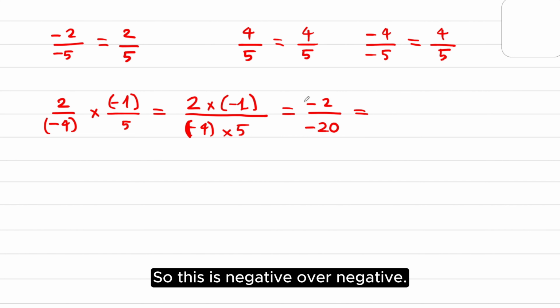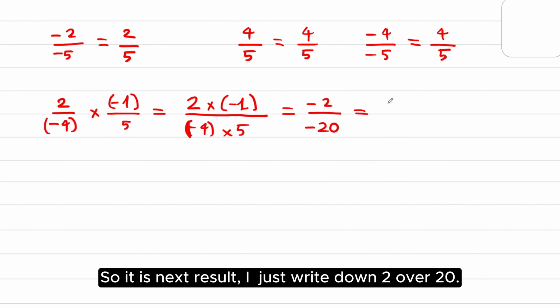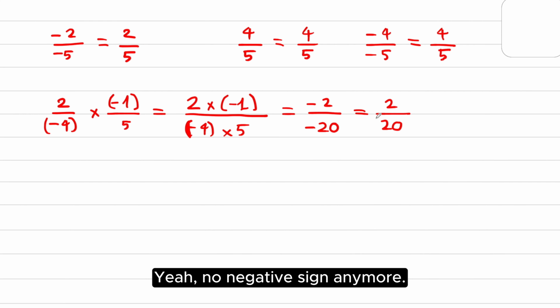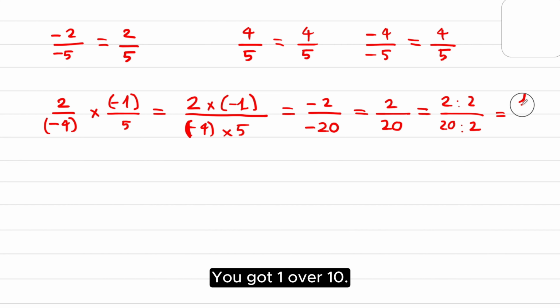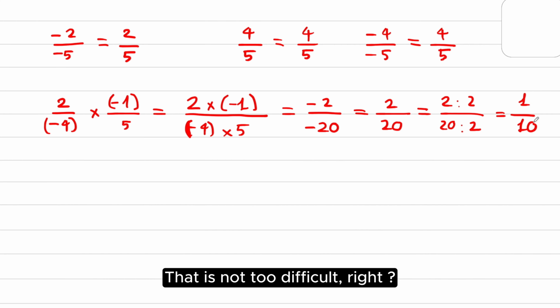So this is negative over negative, it means a positive result. I just write 2 over 20. Yeah, no negative sign anymore. And you can simplify here by dividing both numerator and denominator by 2. You get 1 over 10. Yeah, so that is not too difficult, right?